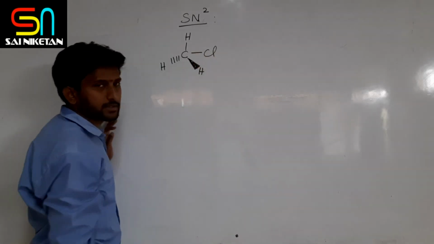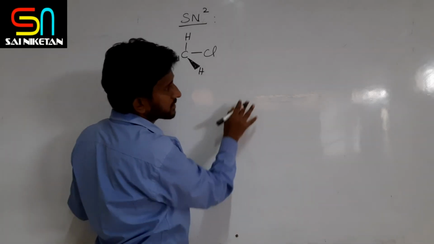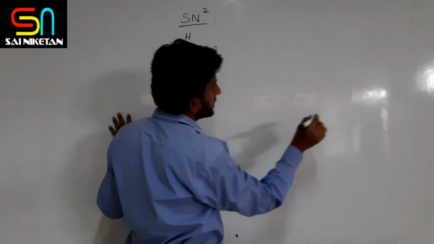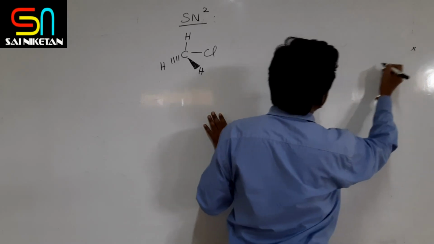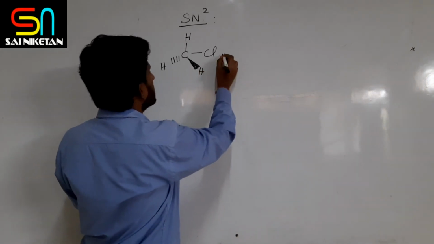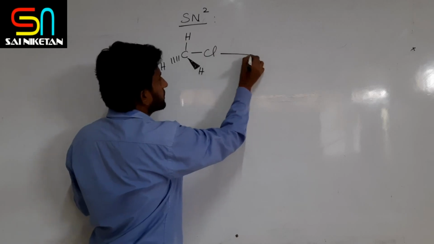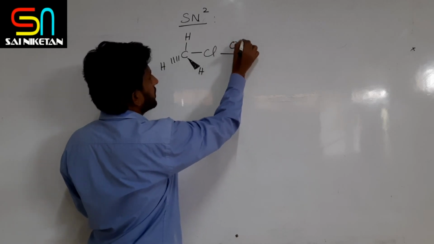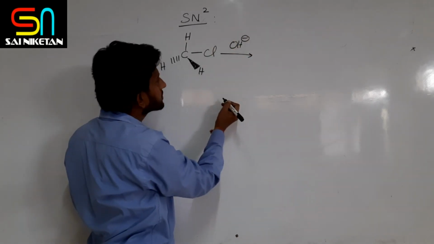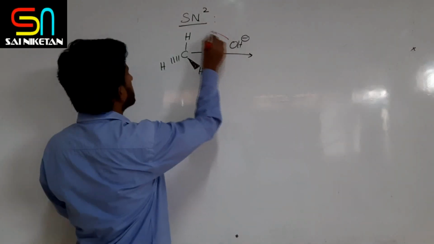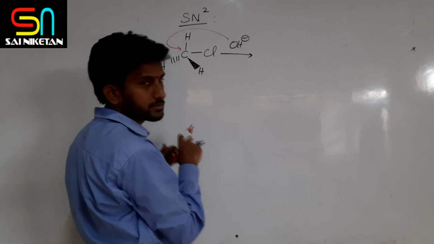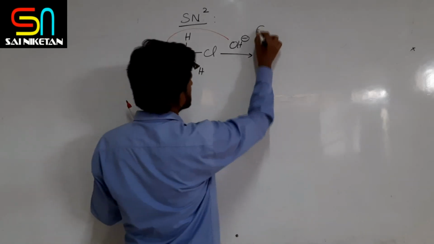I wanted to put this in only one line, so I am writing again. In this one, attacking of OH minus takes place. So what will happen here? OH approaching from the back side. So you get a transition state.